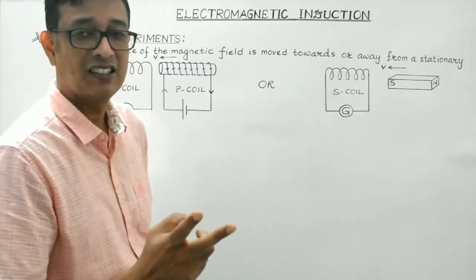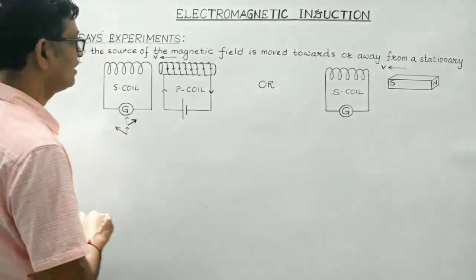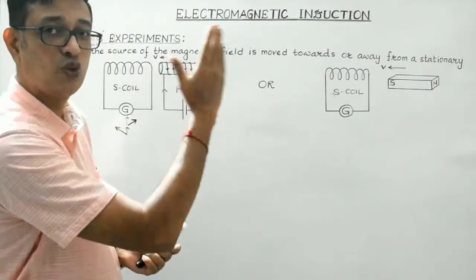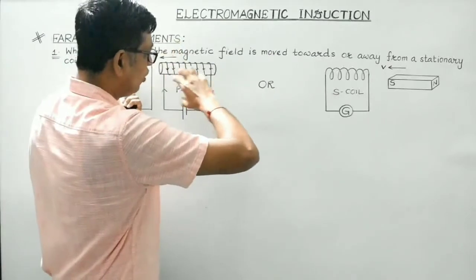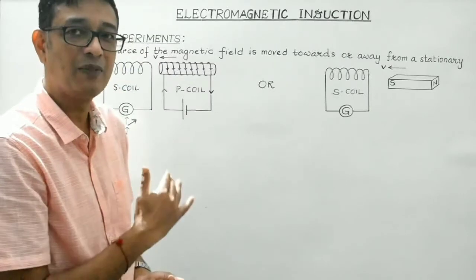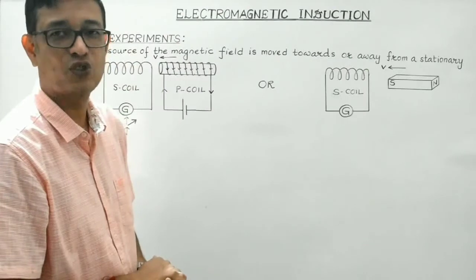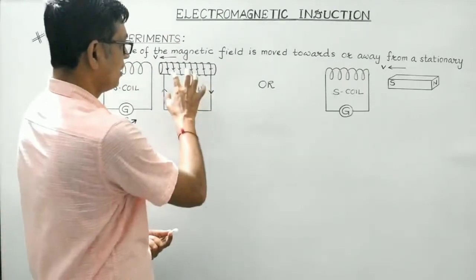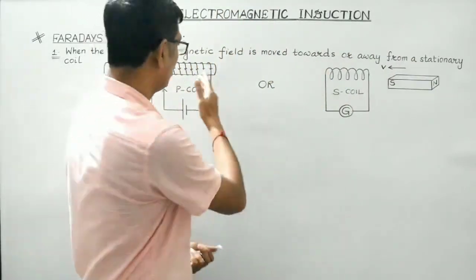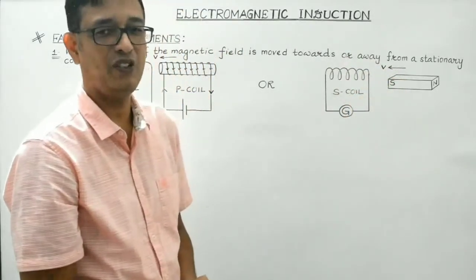And in both cases, the current so induced is in opposite direction. That is, if the galvanometer shows deflection towards right on bringing the P coil closer, then on taking the P coil away, the galvanometer gives deflection towards left, indicating the current is produced in the opposite direction. Clear, students? And as I stated earlier, in place of the P coil, you can simply make use of a bar magnet. Either a current carrying coil or a bar magnet will act as a source of magnetic field.